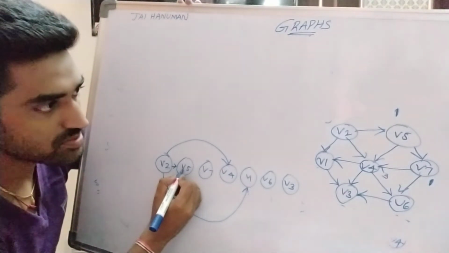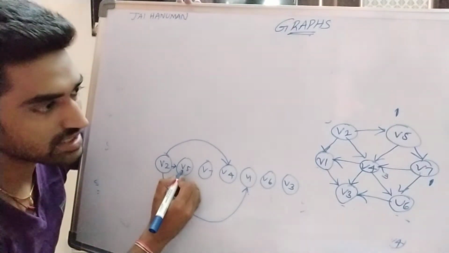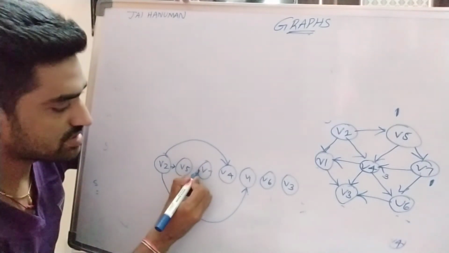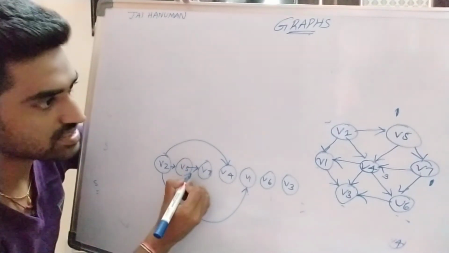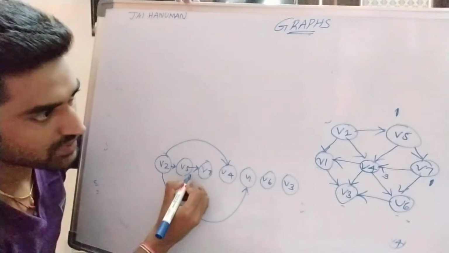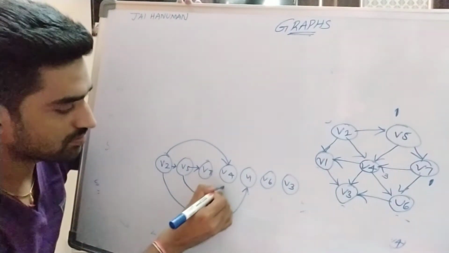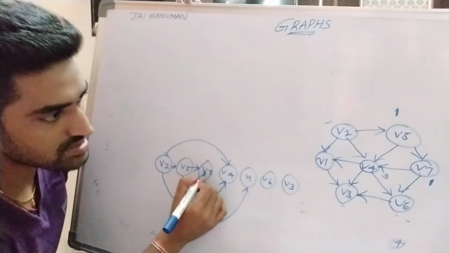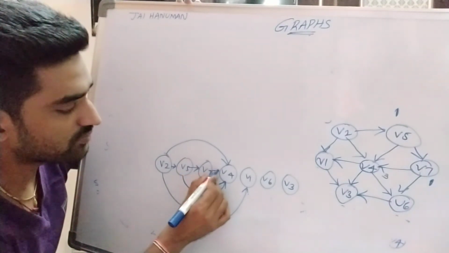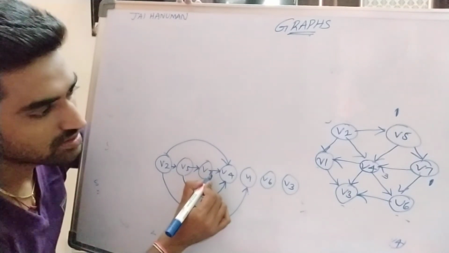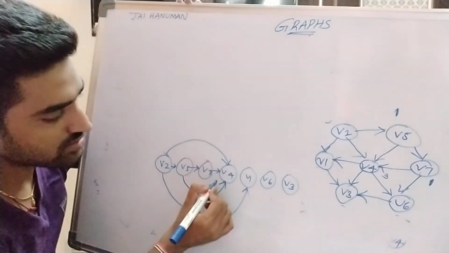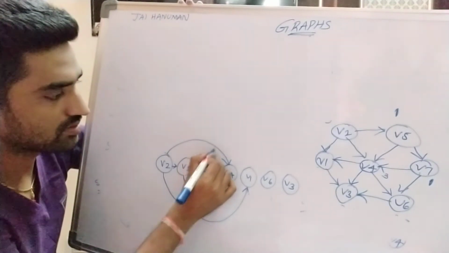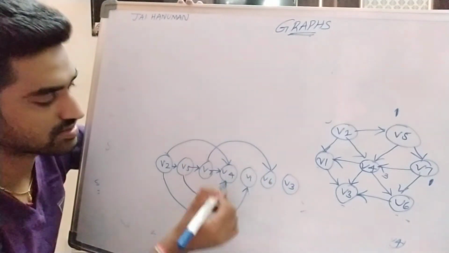V5, so what are the possible connections in between V5 to remaining vertices? V5 to V7, V5 to V4. V7, so V7 possible vertices are V7 to V4, V7 to V6.